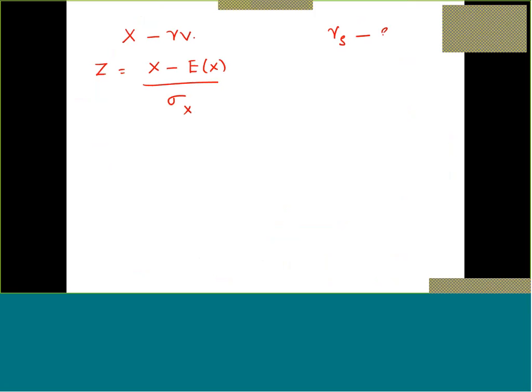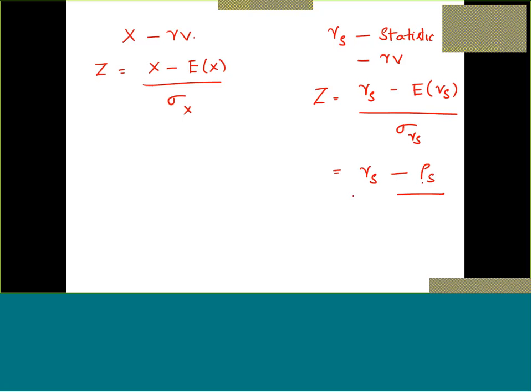RS. RS is your statistic because it is calculated for the sample set of observations. It is your random variable. So what is Z? RS minus expected value of RS by sigma RS. That is RS minus rho S, the population rank correlation coefficient, which is 0, by sigma.